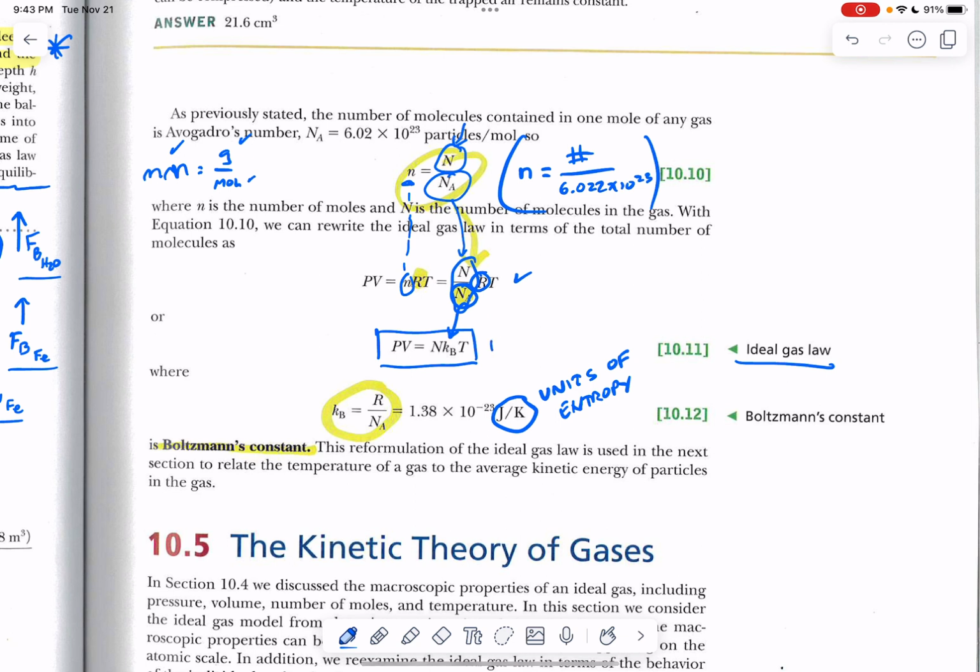And this is a configuration for the ideal gas law that a physicist might use. You wouldn't recognize it from chemistry because we didn't use it. And incidentally, look at the units for Boltzmann's constant are joules per Kelvin, and that happens to be the units of entropy, which is a measurement of disorder. And we will see that in a later chapter as well.